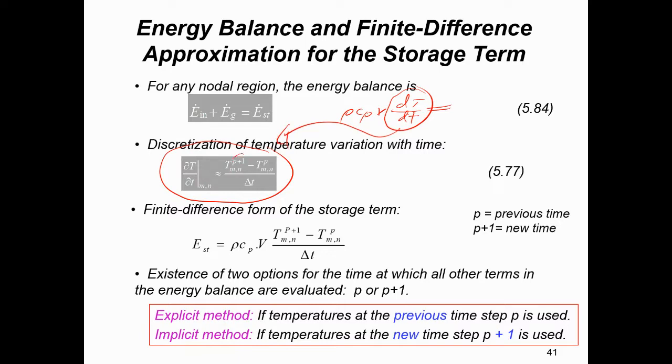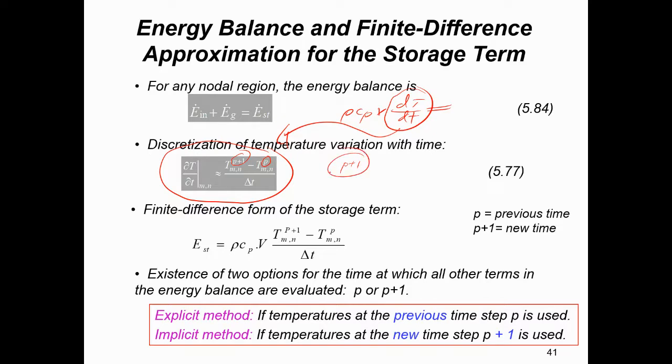T p plus 1, that is the future, and p, that is the previous or existing temperature, divided by delta t. Always we want to find the new temperature after a certain time.